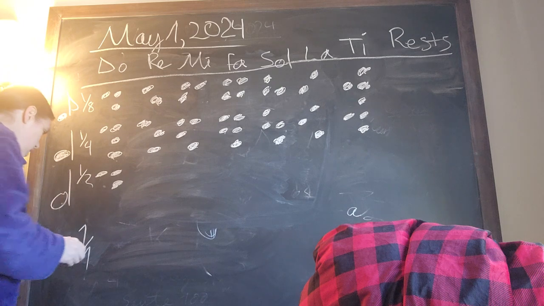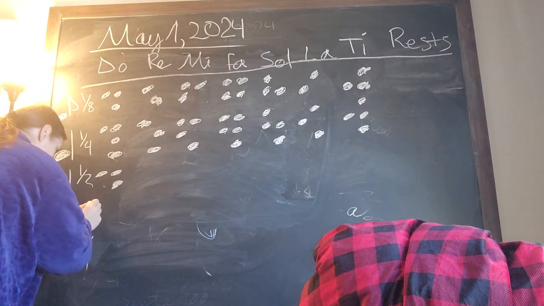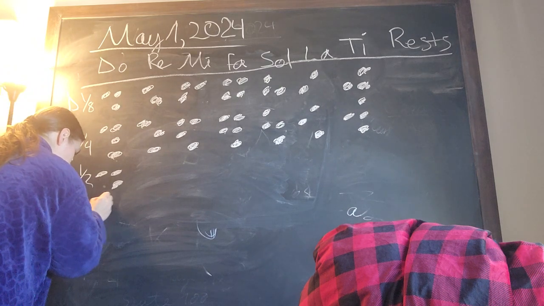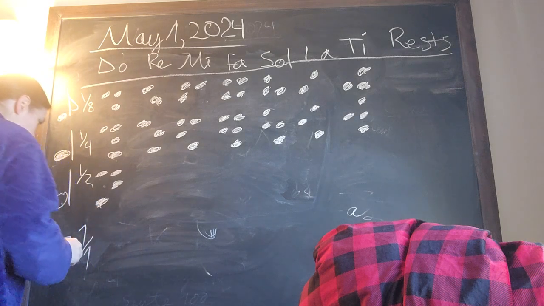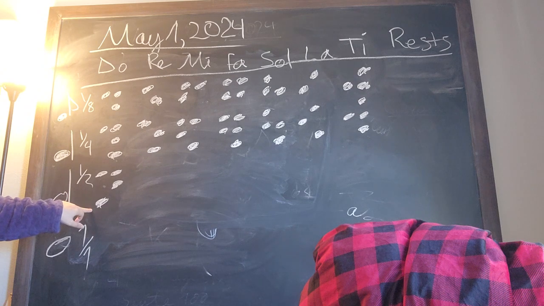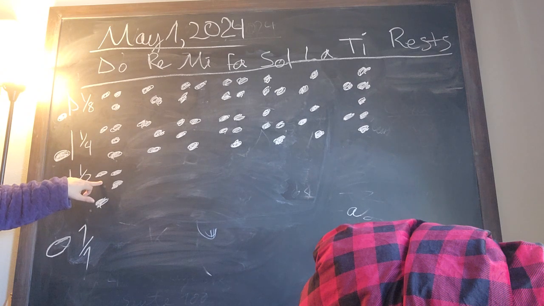And for that, we need to put in a dot 3. Watch this. Now I get everything mixed up again. So this is your dot 3 with your do, and that equals your solfege do half note.